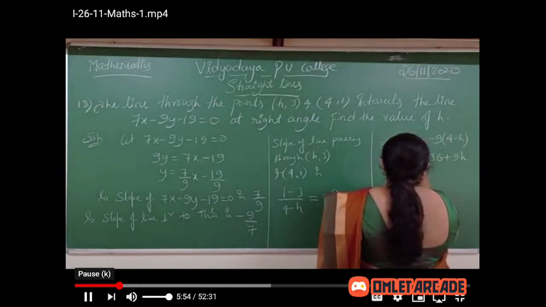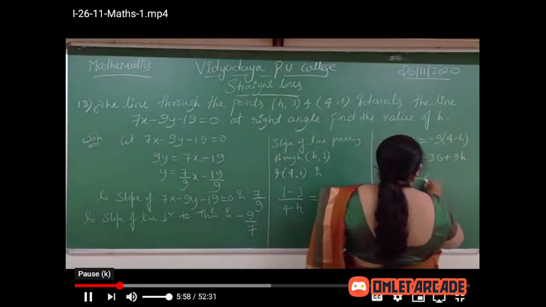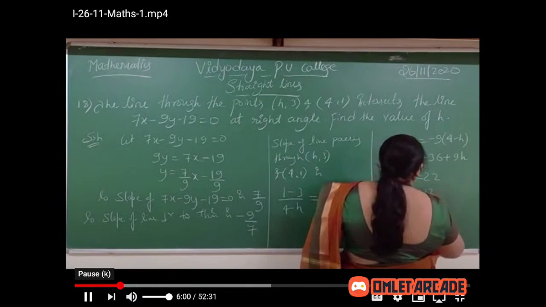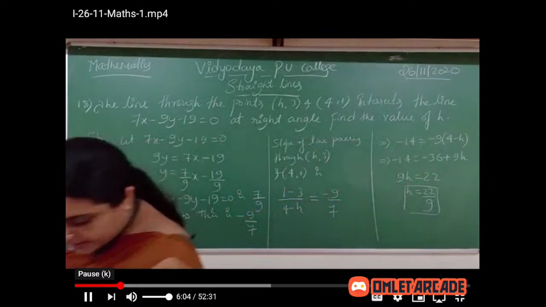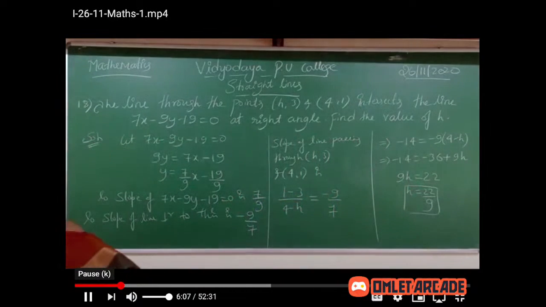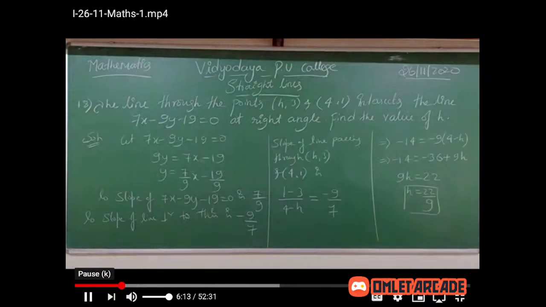So 9h is equal to 22. So h is equal to 22 by 9. This is the value of h. Let me check. Yes, this is the value of unknown h. So first take a rough picture, then it will be easy for you to think what we need to find here. Let's see the next question.